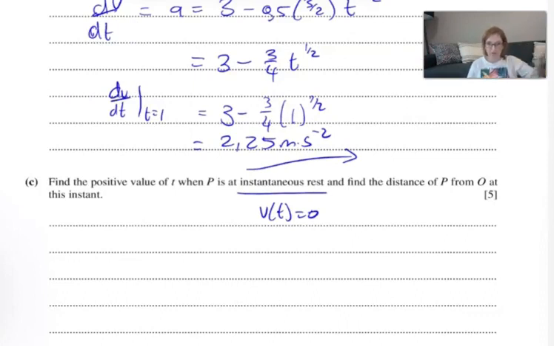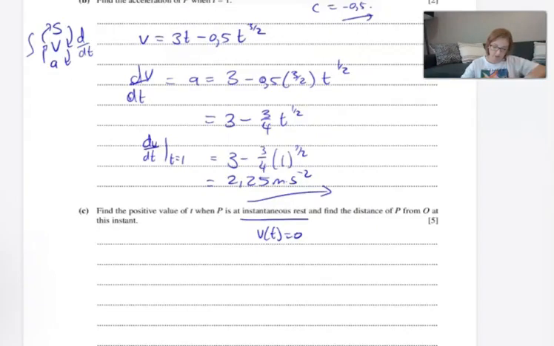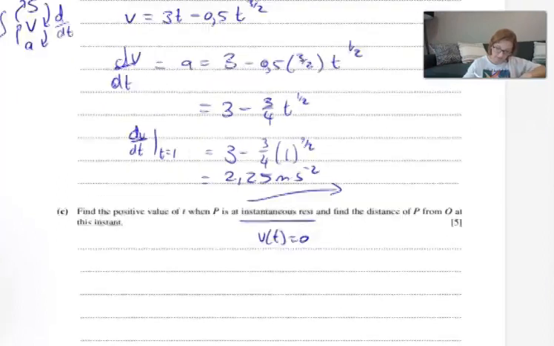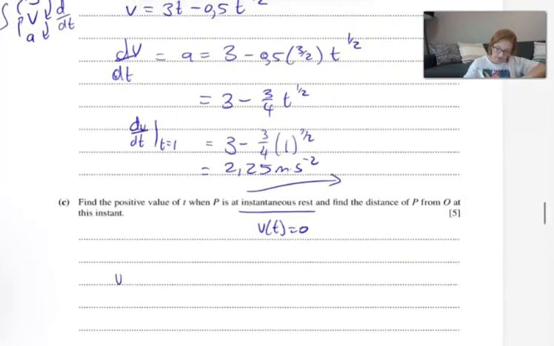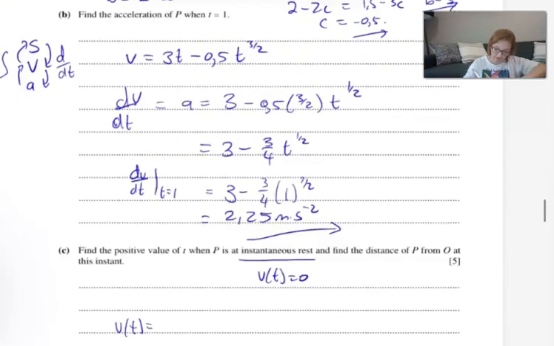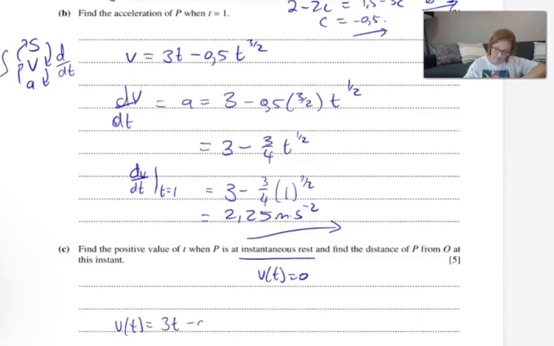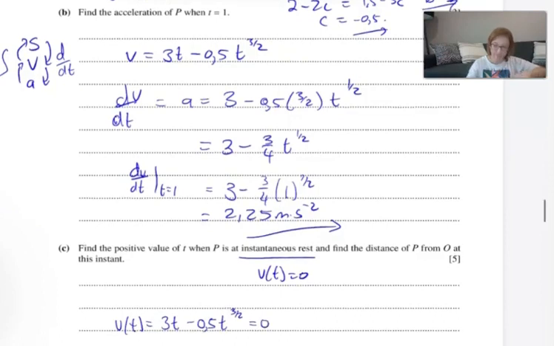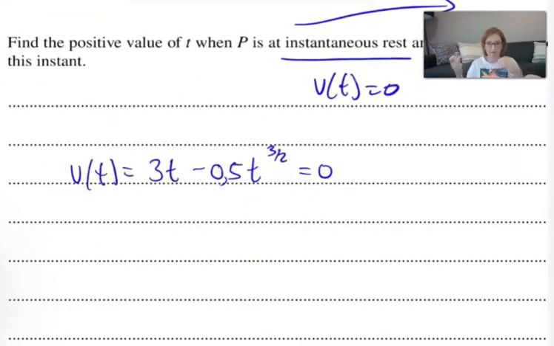Okay, so first of all, let's figure out what time this particle comes to rest. So we're just taking our velocity time formula and making it equal to 0, to find when this particle is at rest.